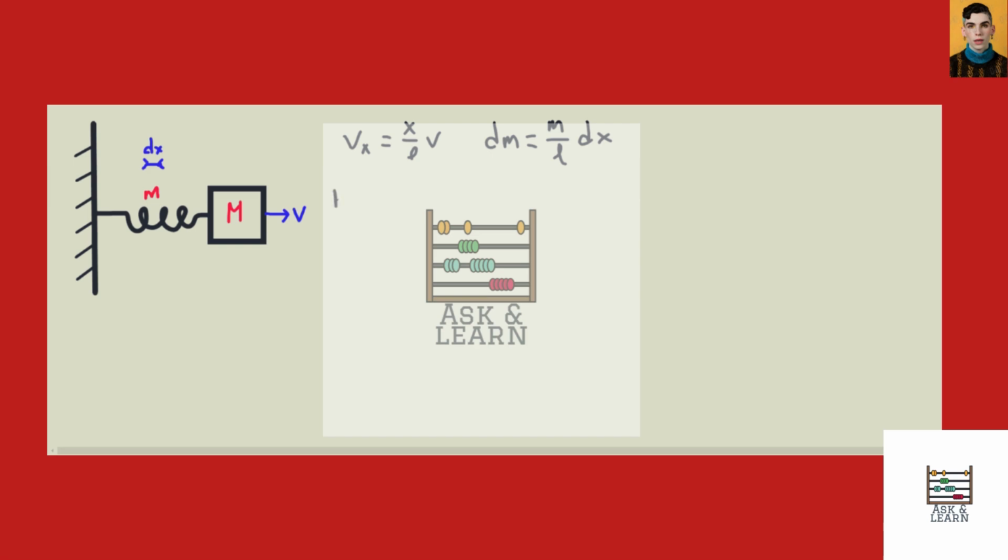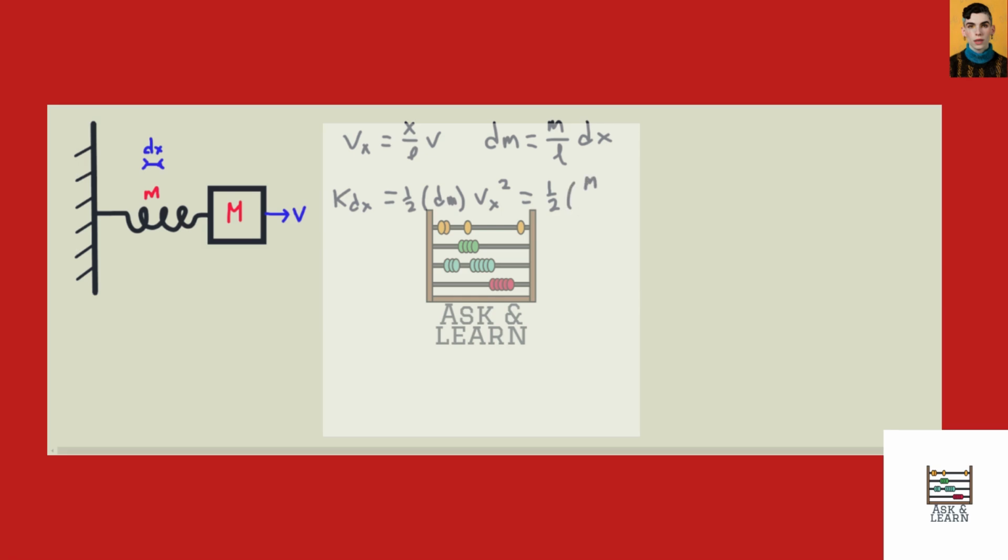So we can say our kinetic energy for this segment dx would be equal to 1/2 mv squared. So our mass of that segment is dm, and our velocity is Vx, right? And then we'll rewrite that with our given expressions for dm and Vx.